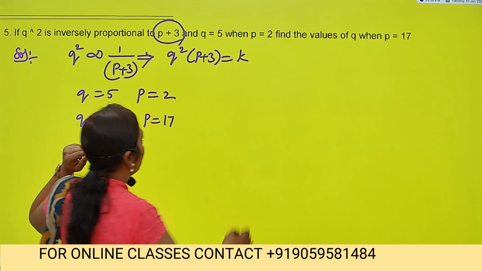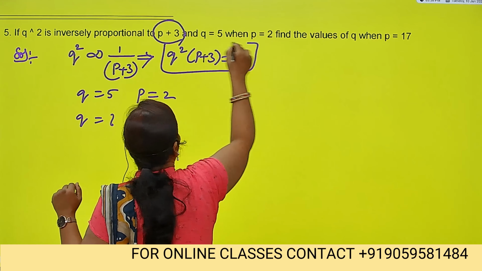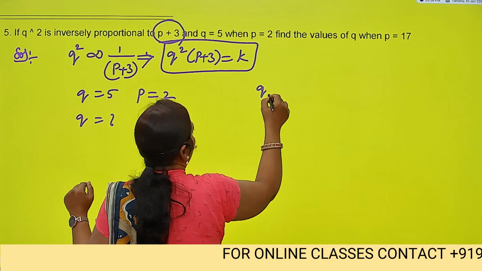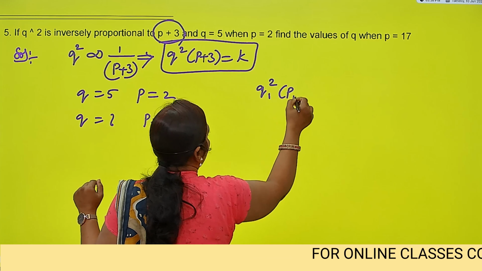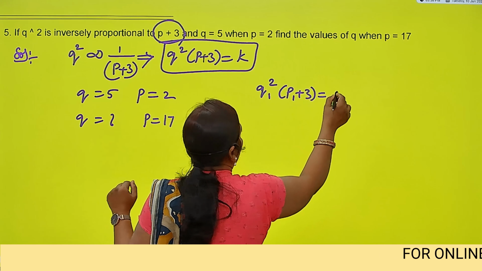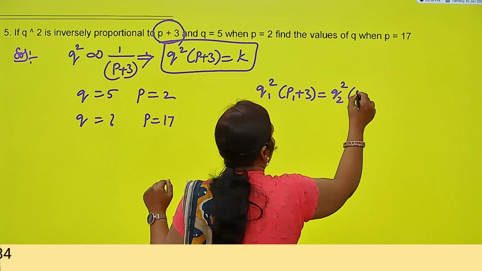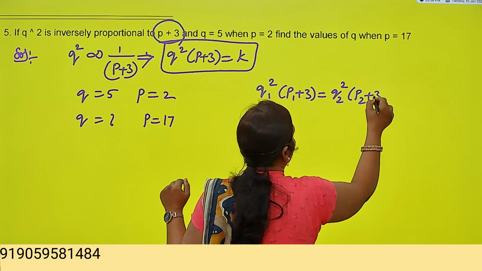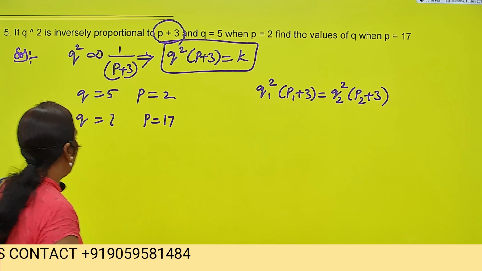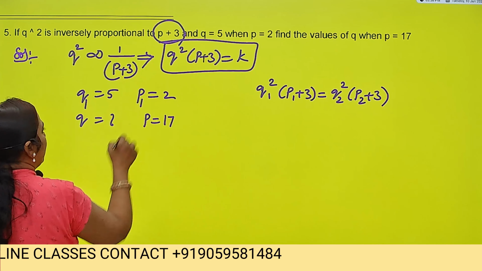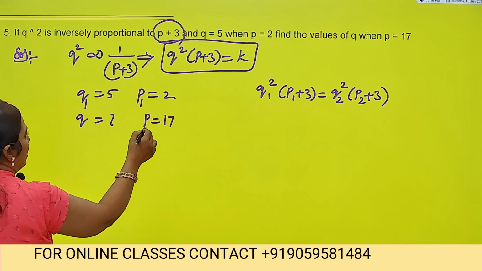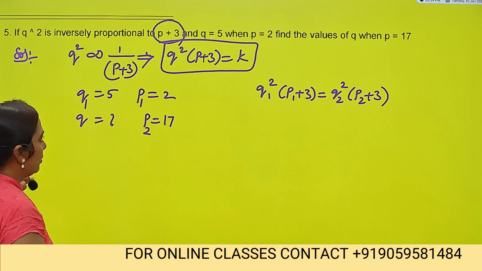What is the relation here? From this we can write q1 square into p1 plus 3 equals q2 square into p2 plus 3. Take the first values as p1 and q1, the second values as q2 and p2.